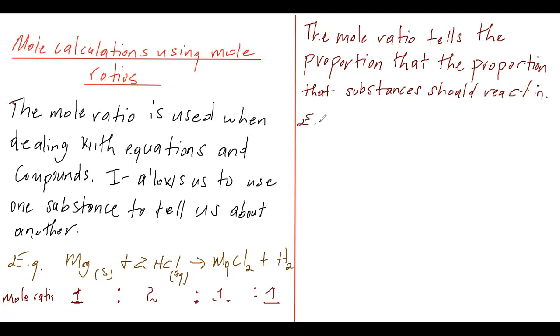For example, from the equation we see there, magnesium and HCl react in a 1 to 2 ratio.